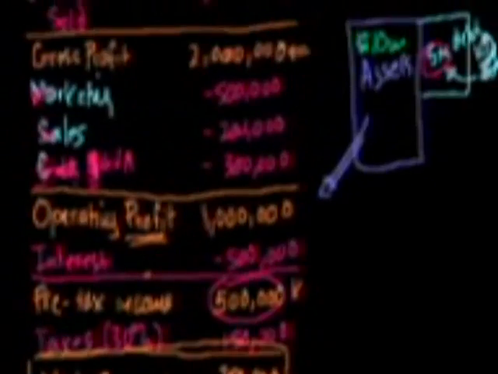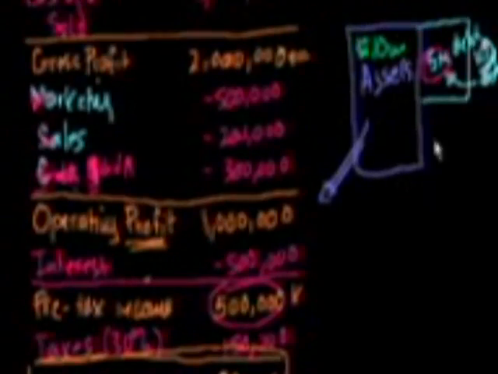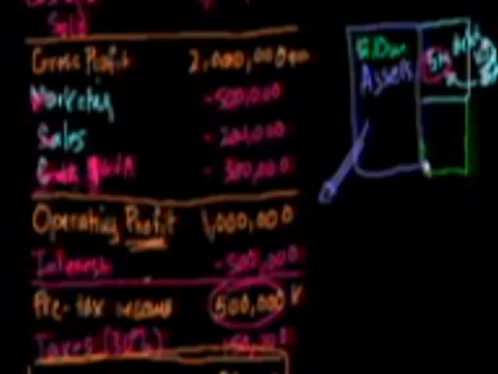So going back to our balance sheet, we had the $10 million asset. We had $5 million of debt. We know what's left over is the equity. Equity is what's left over. So let's say this is all book value. So we have $5 million of equity. And when I say book value, that's just a fancy way of saying this is what our accountants say that we paid for the stuff.